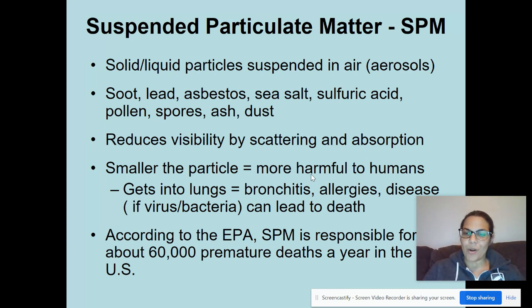The smaller the particle, the more harmful it is to humans because we breathe it in, it gets into our lungs and it irritates our lungs. If it's a virus or bacteria in the lungs, it can cause death, like corona. And according to the EPA, small particulate matter is responsible for about 60,000 premature deaths in 1 year.